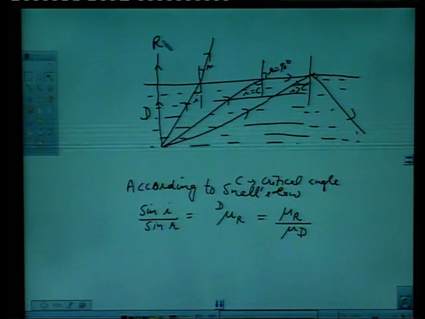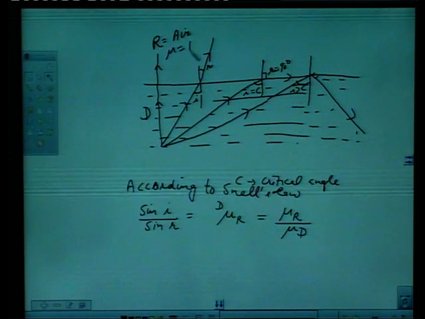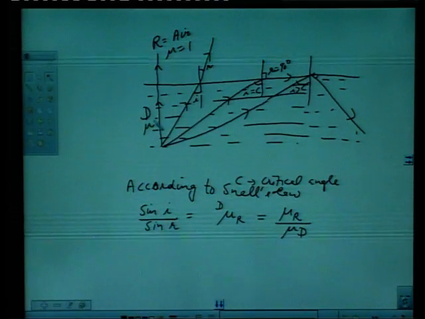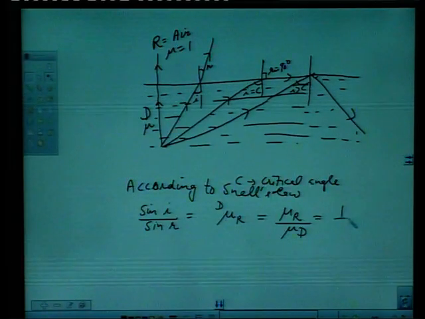Let us suppose that this rarer medium is air, so its refractive index will be 1, and for the denser medium suppose we have refractive index mu, so we can write 1 upon mu.